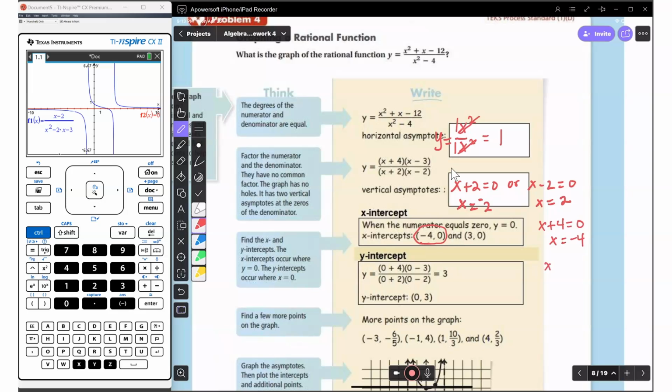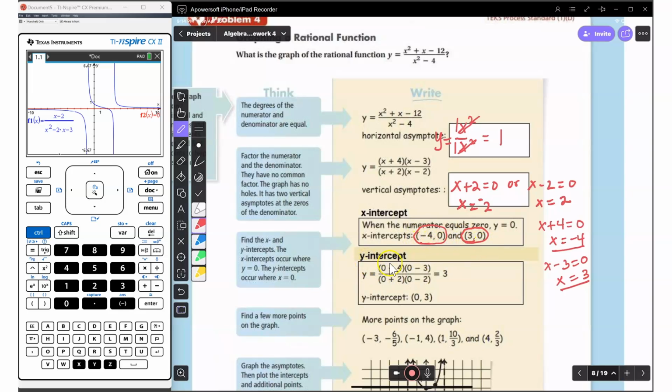Also, when you have x minus 3 equal to 0, x equals 3 is going to also make it equal to 0. Your x-intercepts are negative 4, 0 and 3, 0.